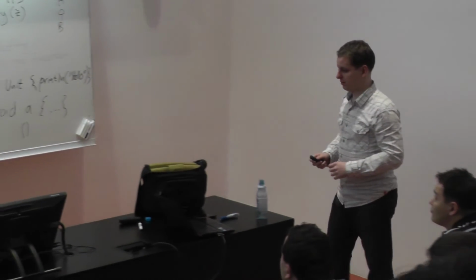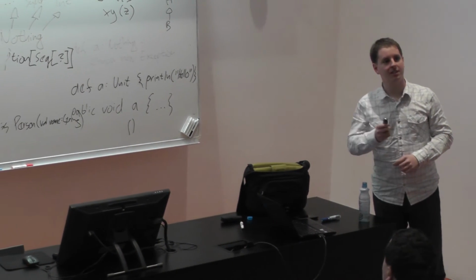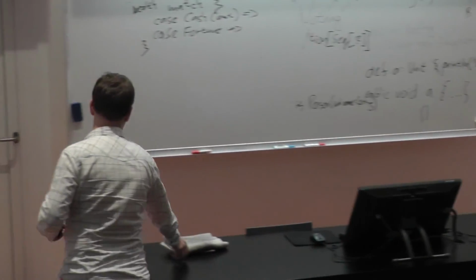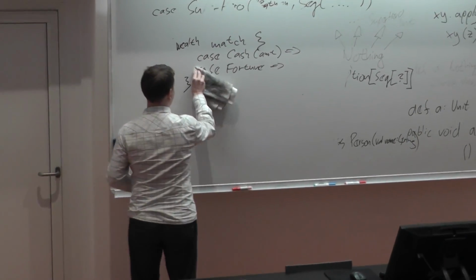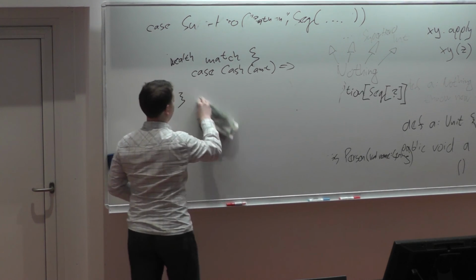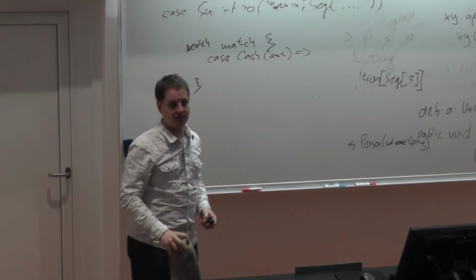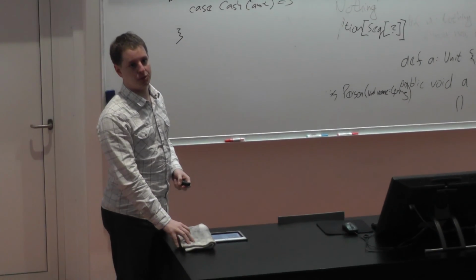So this is the sealed class. Yes? Will it be okay if I omit the case Fortune in the match? If you omit this case Fortune, now the compiler knows, yes, you match Cash, but you don't match Fortune. You have not exhausted all the pattern matches.